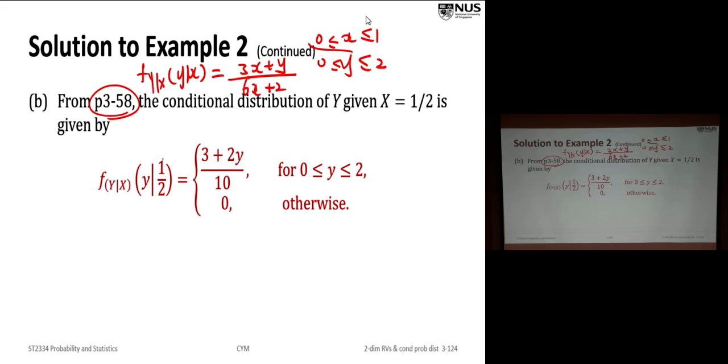All right? So you just substitute x equal to 0.5 into the expression, and then you will get this conditional expectation. All right?